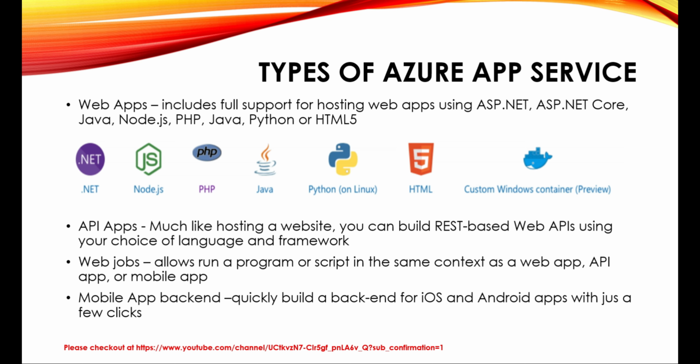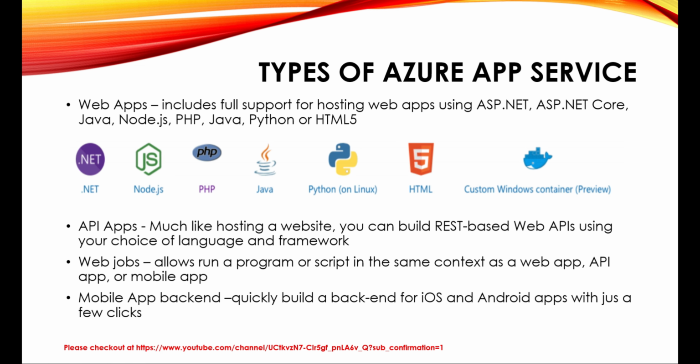So mobile app backend. You can use the mobile app backend feature of Azure App Service to quickly build a backend for iOS and Android apps. With just a few clicks in the Azure portal, you can store mobile app data in a cloud-based SQL database, authenticate users against common social providers such as MSA, Google, Twitter, Facebook, etc., send push notifications, and execute custom backend logic in C# or Node.js.